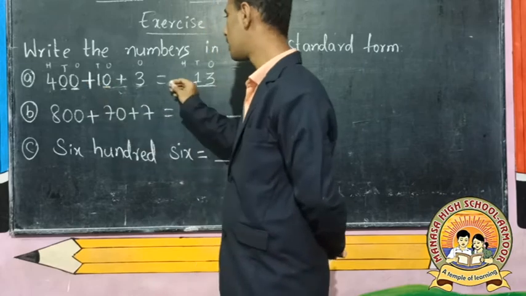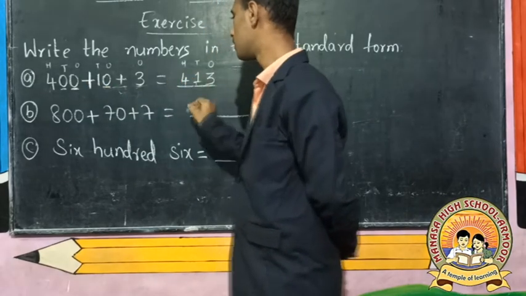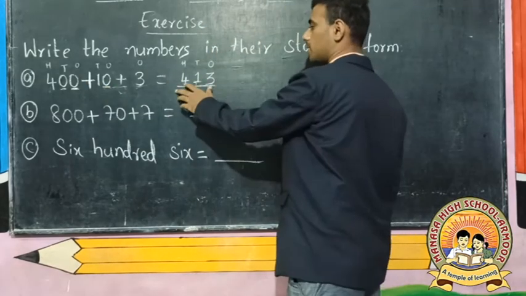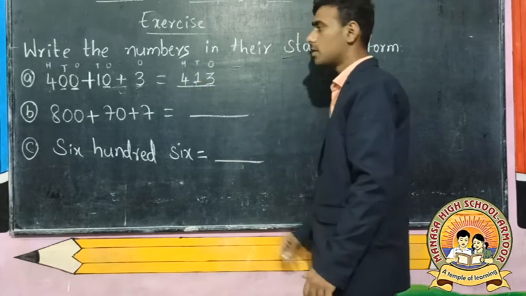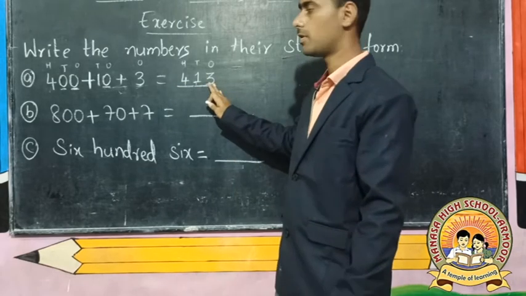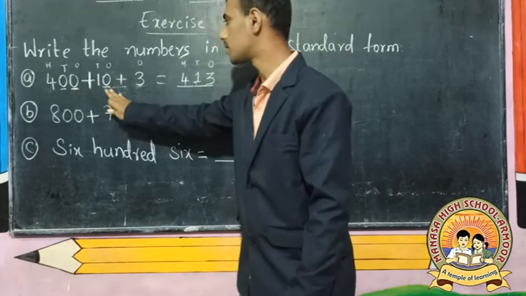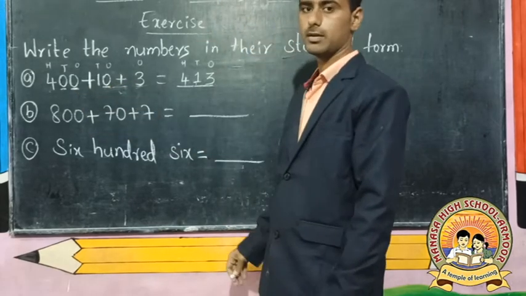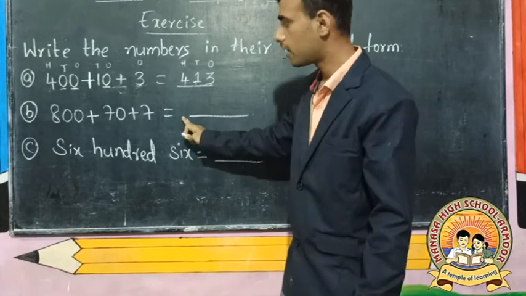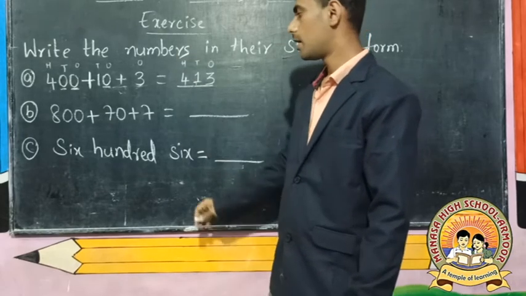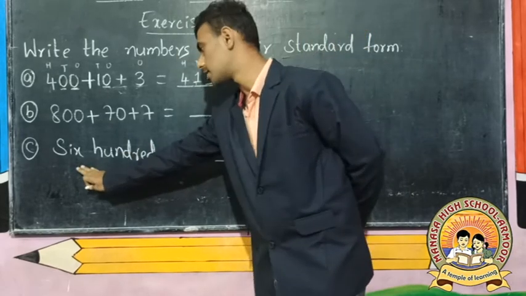So directly we write 4. So the number obtained is 413. This is the standard form of 400 plus 10 plus 3. Next one, you do it in your textbook. I will go to the next one.